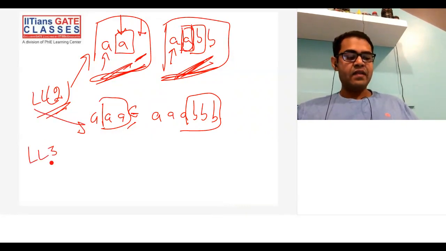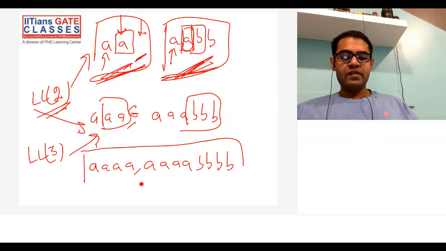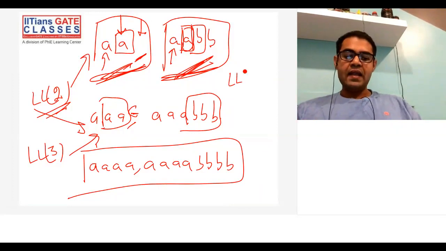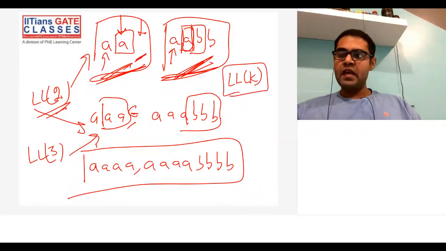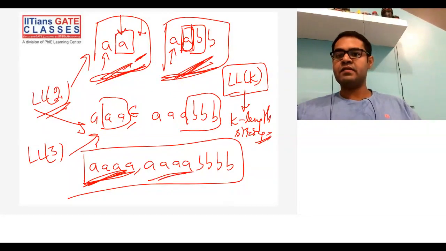Similarly, the LL3 parser will pass this, but the LL3 parser will fail here. For this simple reason, if you keep on going like this, you will understand that an LLK parser will not be able to differentiate a k-length string, like k-length A's from k-length A's followed by B's.